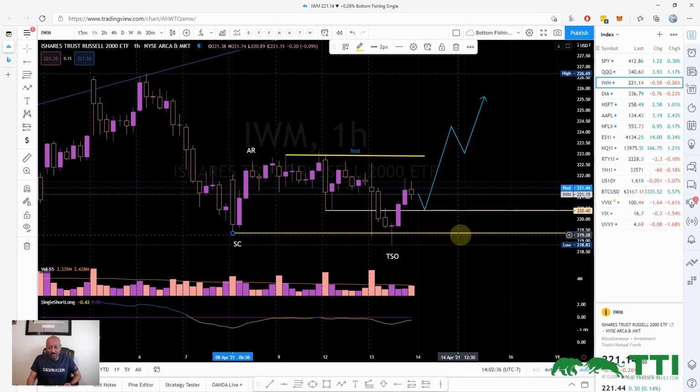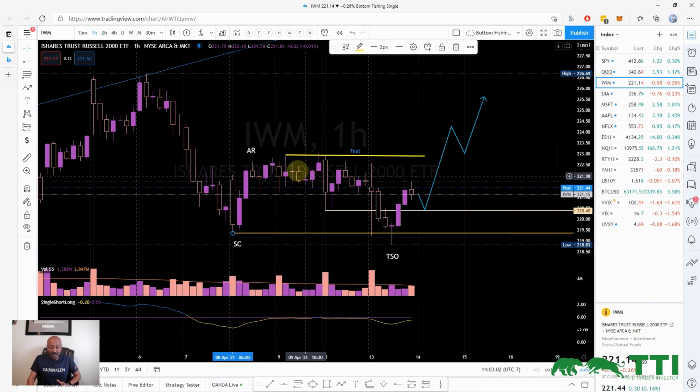But how do you know if this was a terminal shakeout? If price does not go below it, and if price has a small pullback and reverses, and then it breaks this test area, very, very critical that this test area is broken, and then the test area that was resistance now acts as support. It comes to that support and resumes its trend.